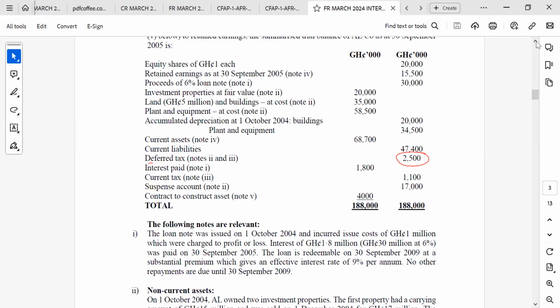The deferred tax balance over here, there is no portion of it that relates to revaluation surplus, because this is the first time that the company is doing the revaluation. So this is purely relating to profit or loss. The provision that we have now is 2,500, but they are saying that the new provision is 2,000. What is happening?